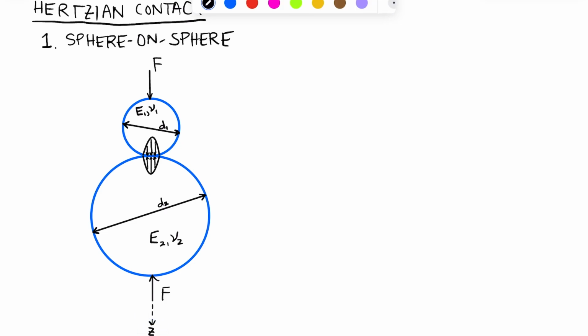The contact area between these two spheres is going to be circular. If you want to prove this to yourself, take something soft like a tennis ball and try pressing it into a desk or maybe something made out of foam, and you will see that the impression your tennis ball leaves in that foam will be circular.